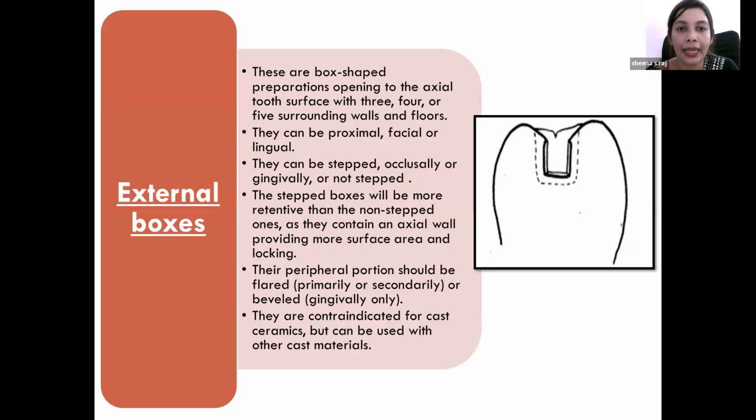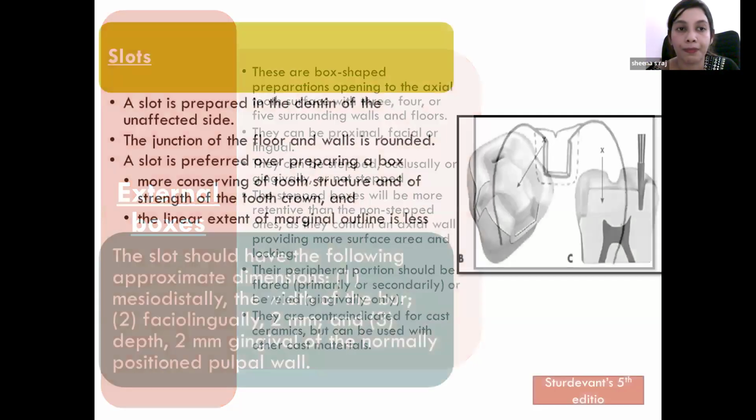Hope you are understanding. They can even be placed on the occlusal surface, gingival surface, and never on the step. That is very important. They are peripheral, and the portion should be flared, and it should be beveled. So that was a very important topic on the external boxes.